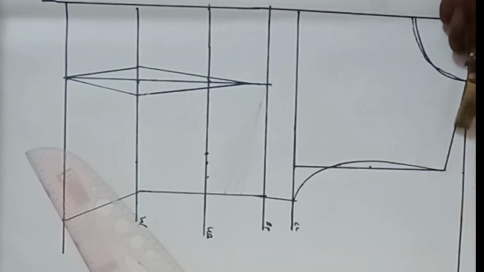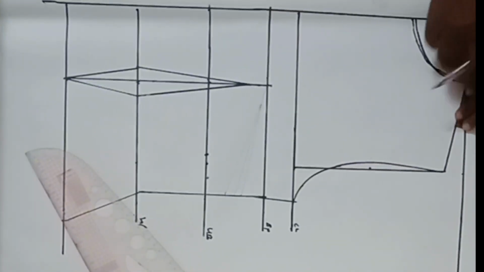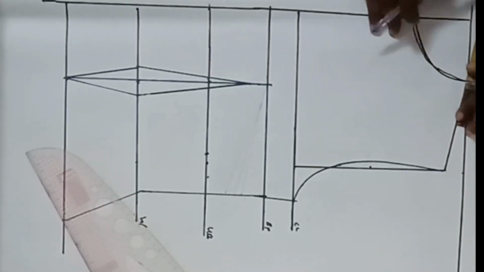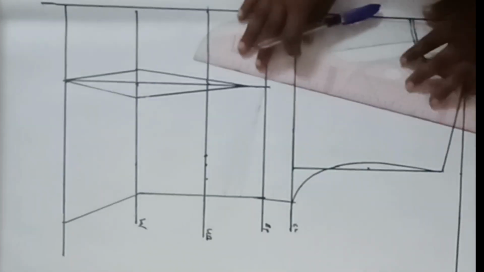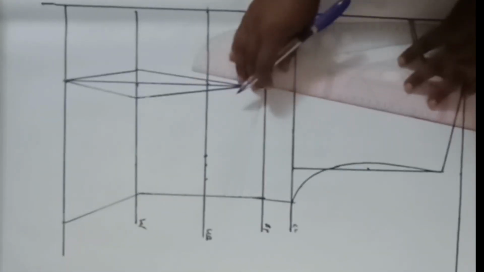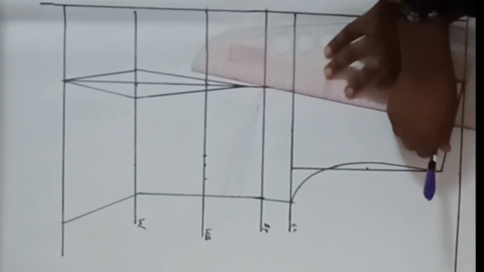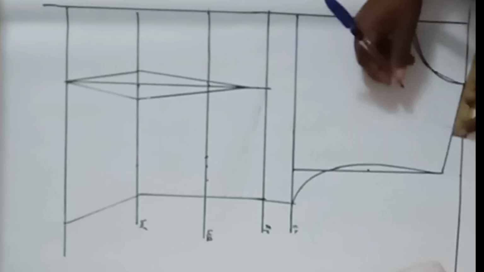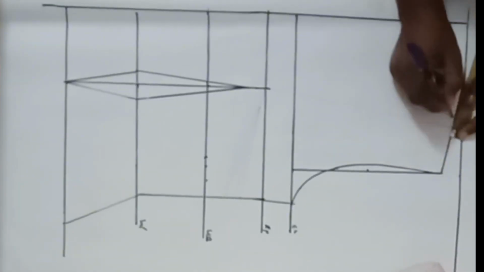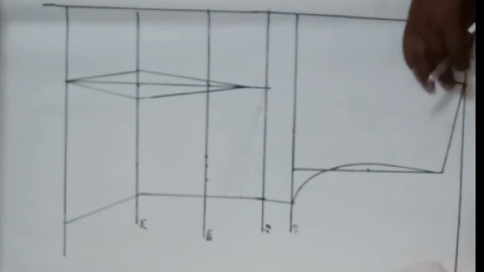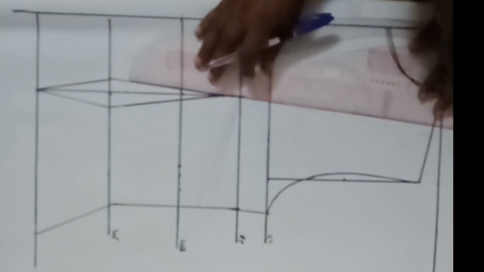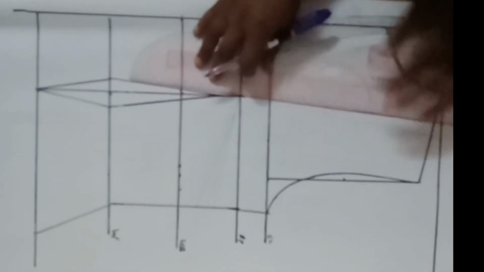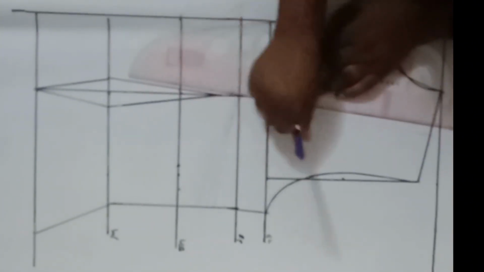All right. If you want to take your shoulder dart as well, we'll divide it from your neckline. You divide it by 2, get the center point, connect it to your bust line. You go in and out by 0.5 inch, depending on your preference.